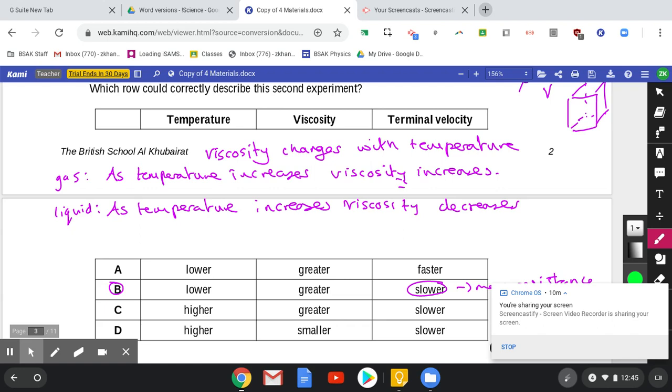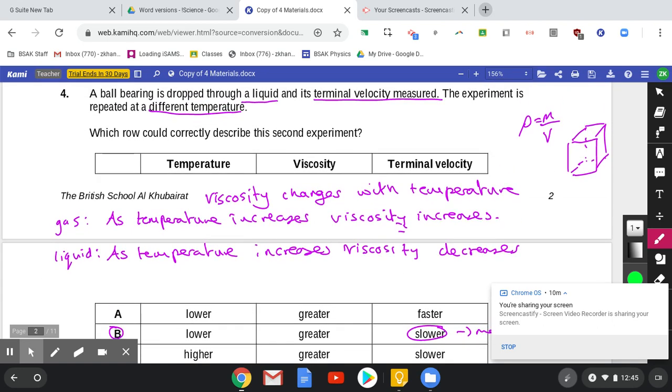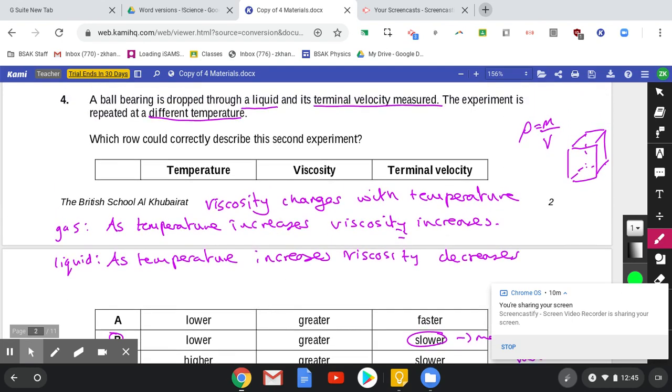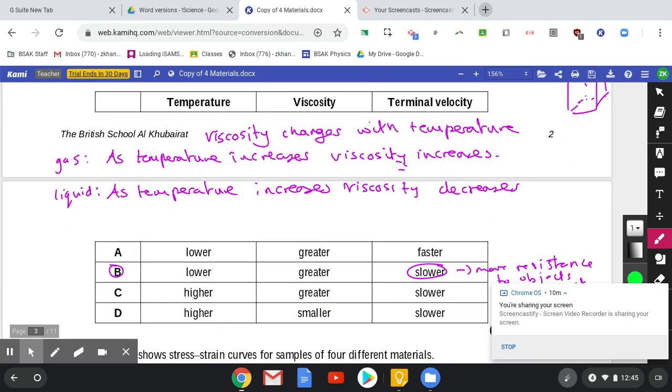Here in this question, a ball bearing drops through a liquid and the terminal velocity is mentioned. It's a liquid, remember, so looking at this statement, as the temperature decreases, the viscosity is going to increase, the opposite.